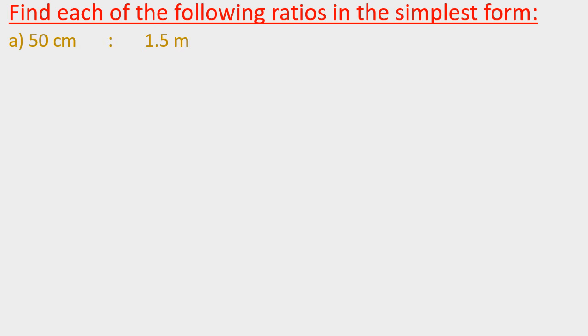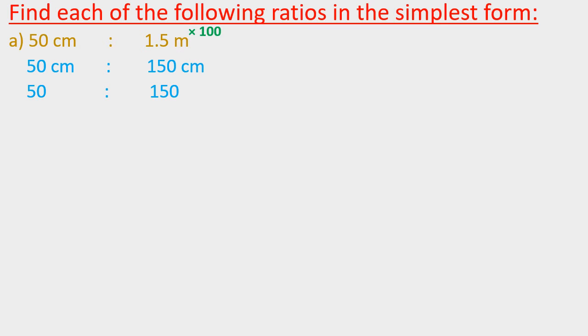We multiply from meters to centimeters by 100. 1.5 times 100, then we have 50 centimeters to 150 centimeters. We can ignore the units, then we have the two numbers 50 to 150.